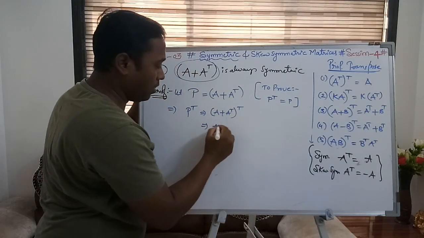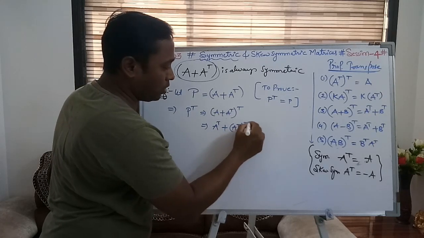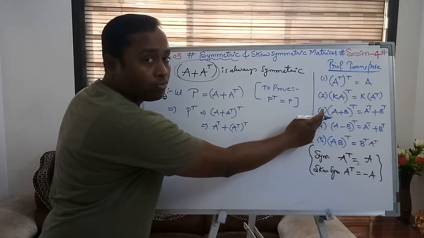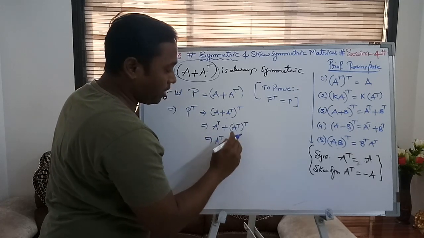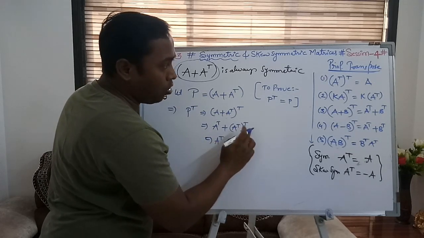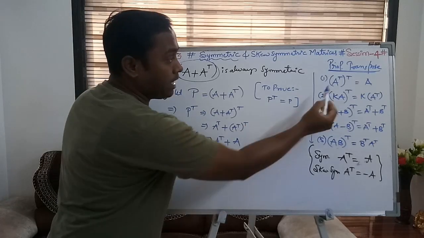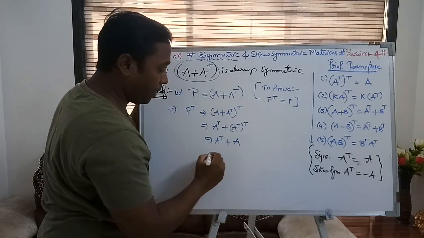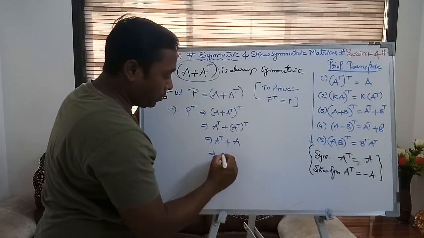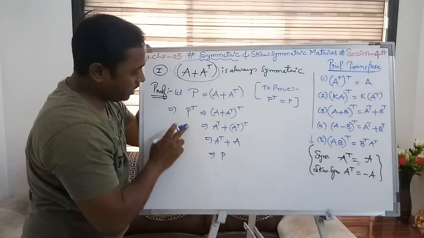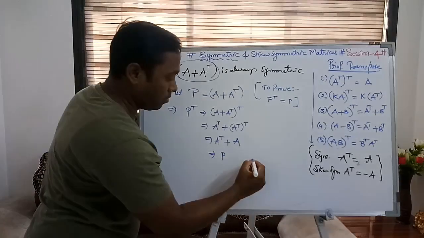I can write this as A transpose plus (A transpose) the whole transpose, as property number 3. But you may also say (A transpose) the whole transpose is the matrix itself, A dash whole dash is equal to A. Hence, you can also say this becomes P. So you can say P transpose is equal to P.